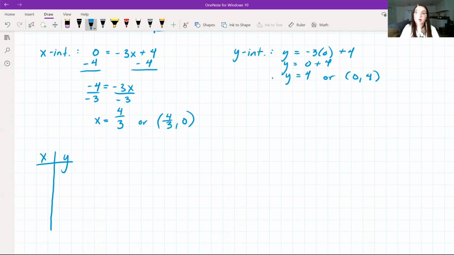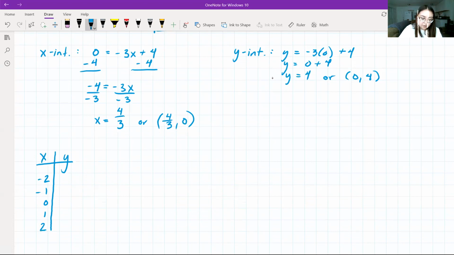And let's start with a few negative numbers, and then we'll have 0, and then we'll have a few positive numbers, just so we get a good range. So let's just start with negative 2. Then we'll have negative 1, and then 0, 1, and 2.